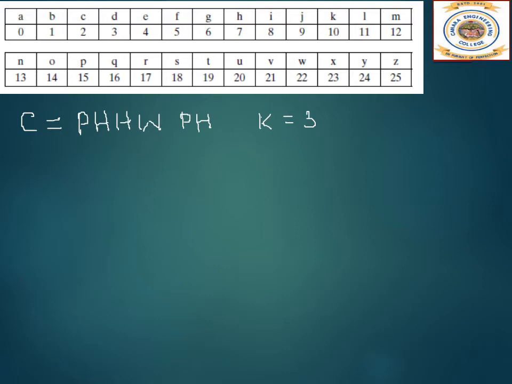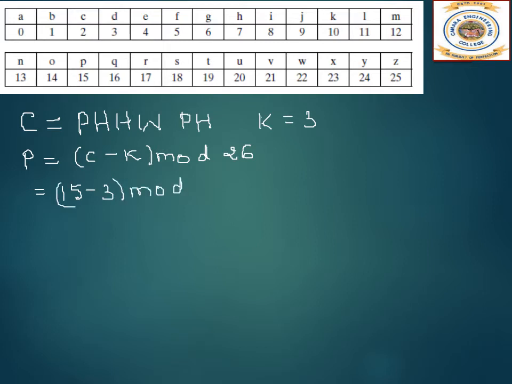To get the plain text, the formula is C minus K mod 26. First I take P. The numerical equivalent of P is 15. So 15 minus 3 mod 26 gives you 12.